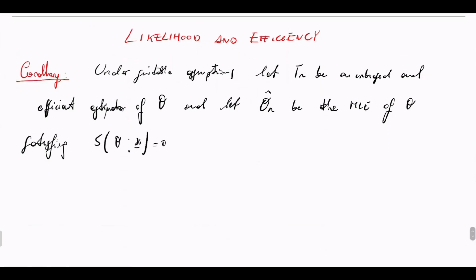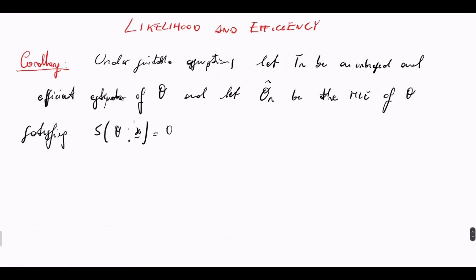So it's the solution of the score function equal to 0, which I remind you is nothing but the derivative of the log likelihood. Hence, this is the MLE, maximum likelihood estimator of theta, right? Perfect. The claim is they're equal.